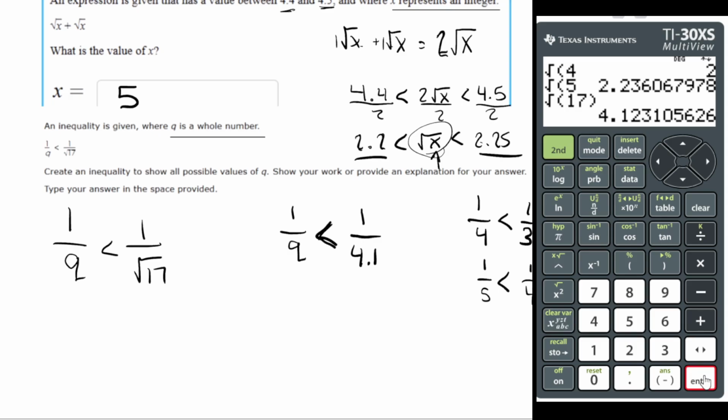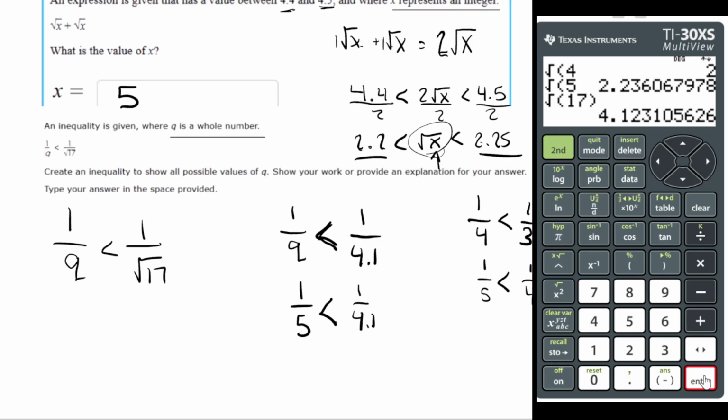So if q needs to be a whole number, the next whole number up from 4.1 would be 5. So 1/5 would be less than 1 over 4.1. However, 6, 7, 8 all work. 1/6 is less than 1 over 4.1. 1/7 is less than 1 over 4.1.